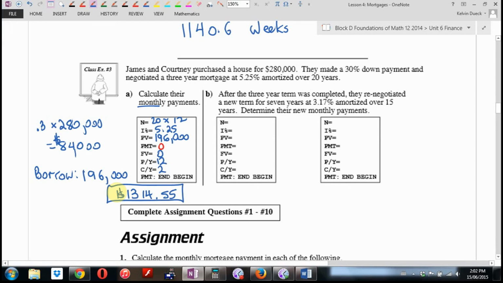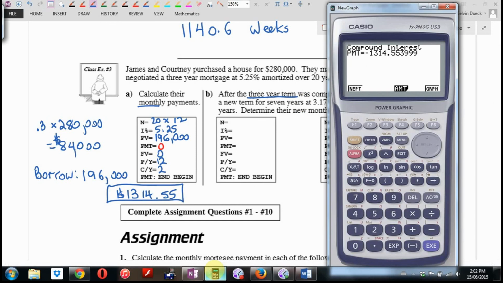Is that okay, Laura? After the 3-year term, how many years? 3. They renegotiated. Okay, we need to figure out how much they now owe. Well, let's change N. So, 3 years would be 3 times 12 for N. I want to know how much is left to pay off, because they're not paying the loan off in 3 years, but this is still the same monthly payment as before.